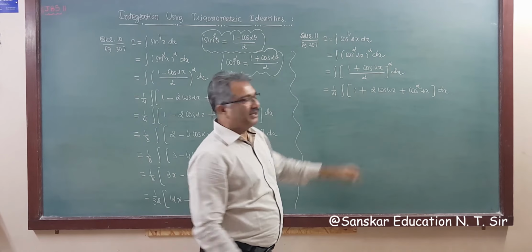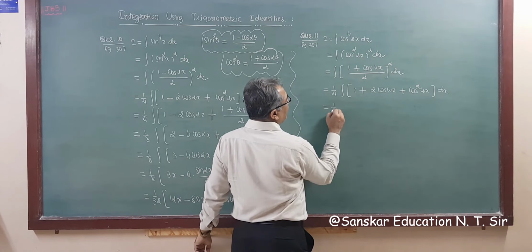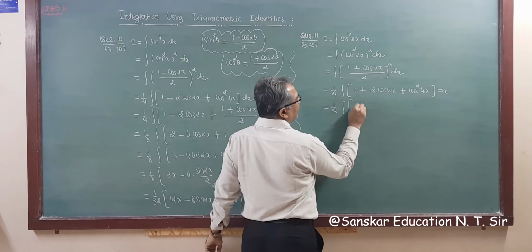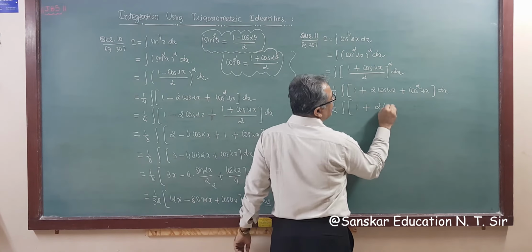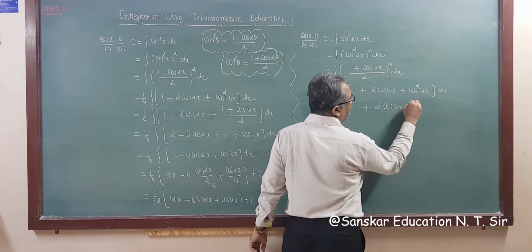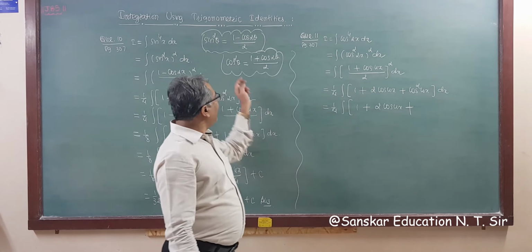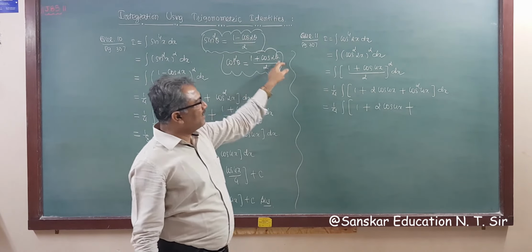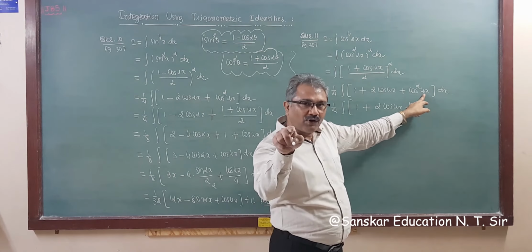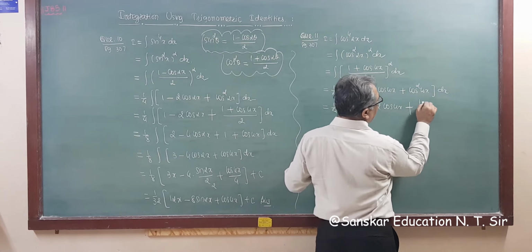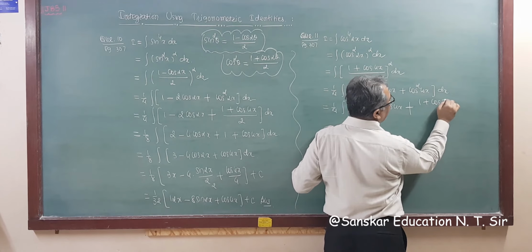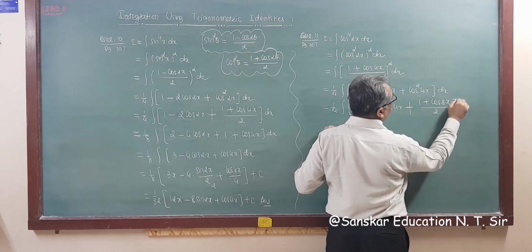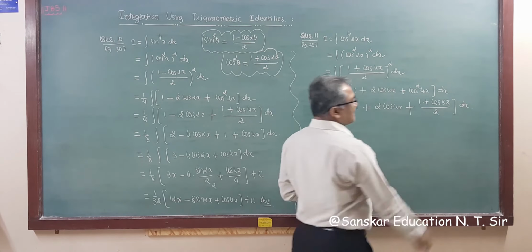So apply this formula here again. This is 1 upon 4 integration 1 plus 2 times cos 4x plus cos square theta, which is 1 plus cos 2 theta, that is double of the angle. So double of the angle is 2 into 4, that is 8. So 1 plus cos 8x divided by 2 into dx.